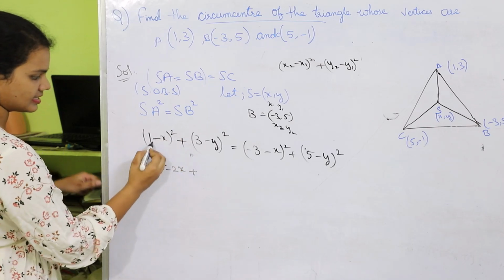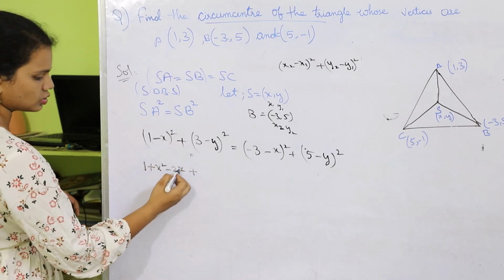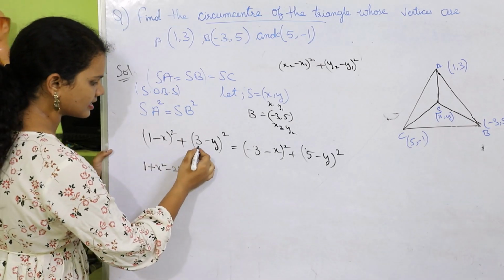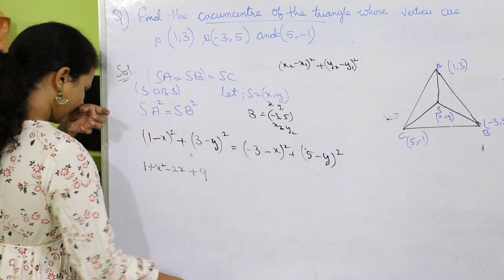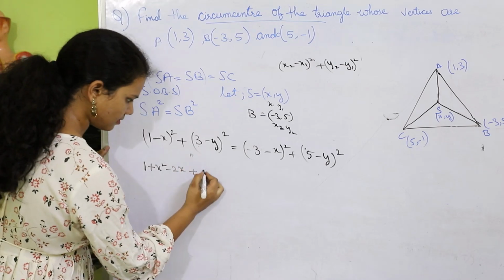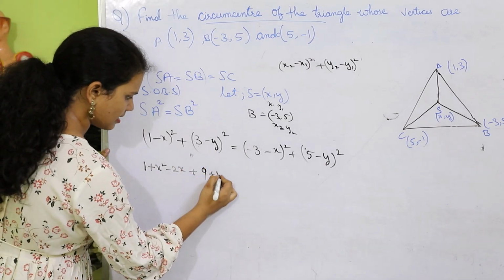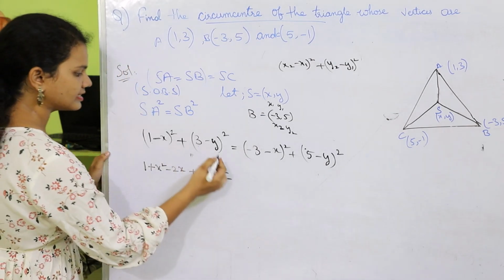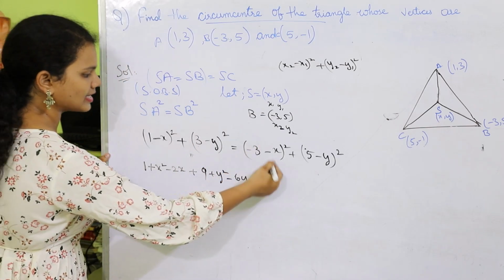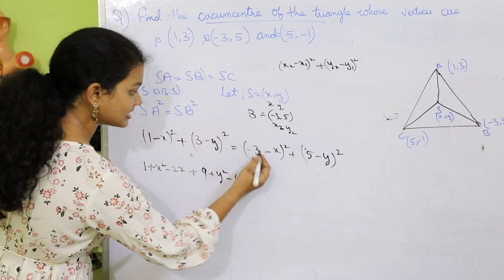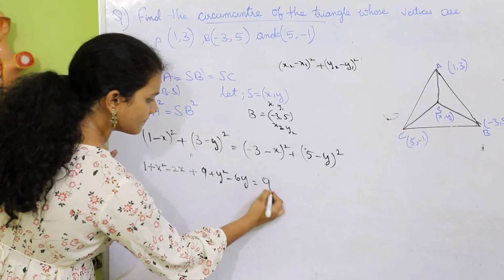I have written this as a square plus b square minus 2ab. Clear? And again plus here, a square means 3 square, 9. Plus b square, y square, minus 2 threes are 6y. This is equal to a square plus b square plus 2ab again. So minus 3 into minus 3, how much? Plus 9.